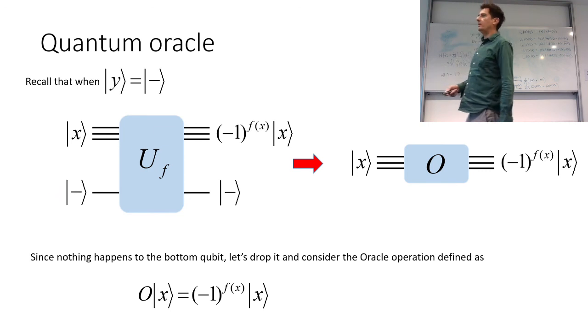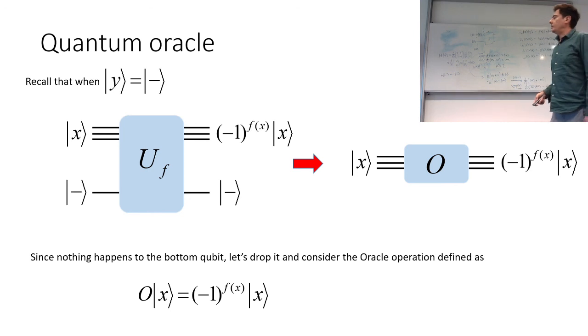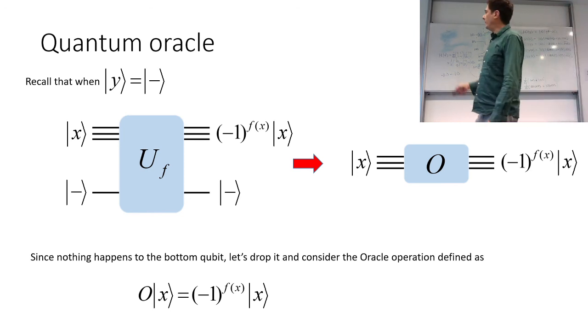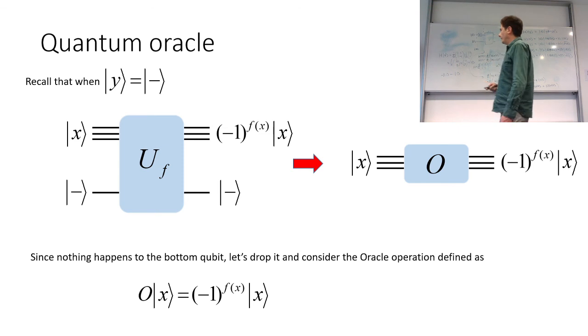And that's the trick that makes this oracle behave in such a way that if you have x as your input, it will produce a minus sign on all the x's where f of x is 1. So minus 1 to the power of 0 is plus 1, minus 1 to the power of 1 is minus 1. So this will be a minus sign only if f of x is 1.